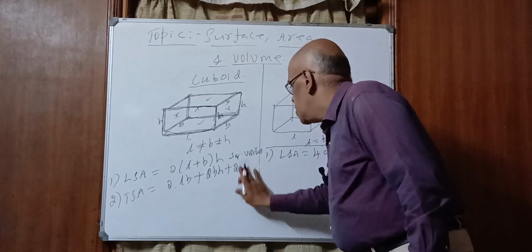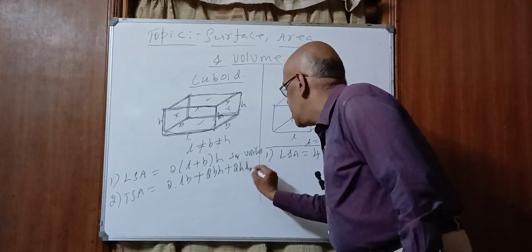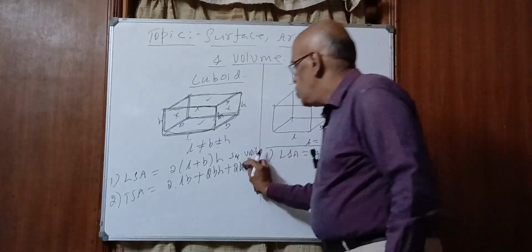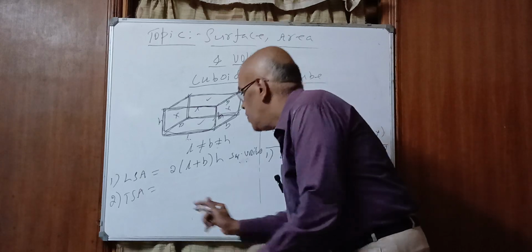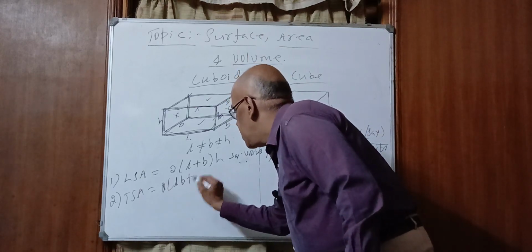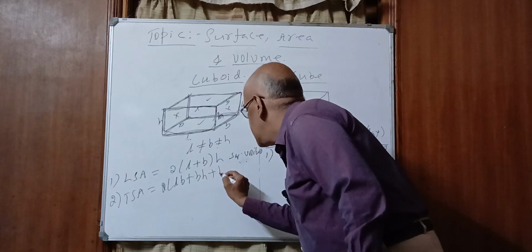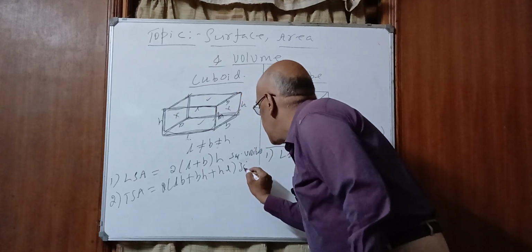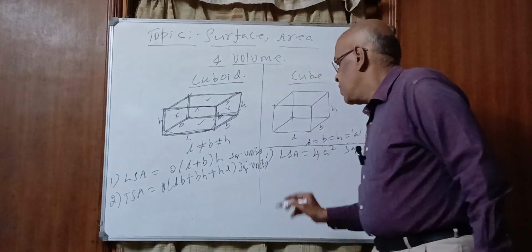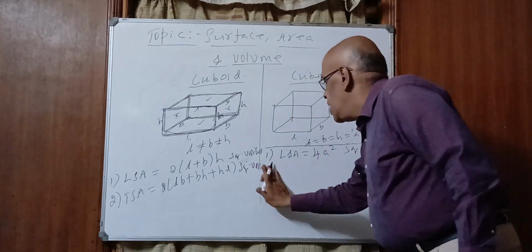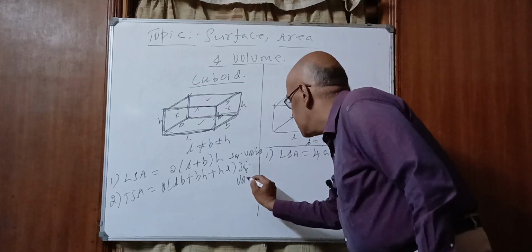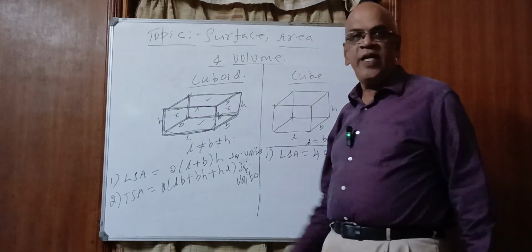Now what is common, children? 2 is common. So I'll take 2 outside. So what is the TSA of the cuboid? 2(LB plus BH plus HL) square units. Easy now children. I'll write it here like this, square units. See children, very easy.